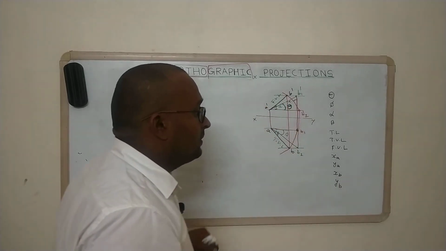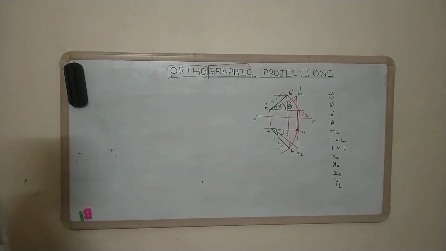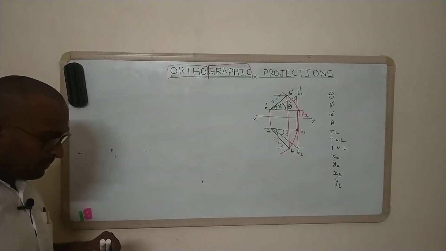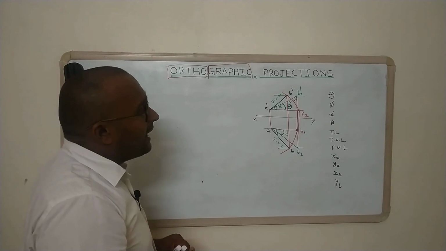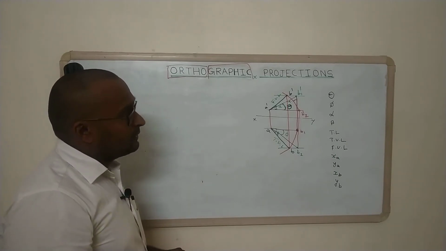So these are all the parameters we must remember while solving a line inclined to both the planes.